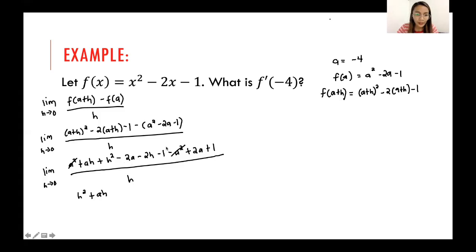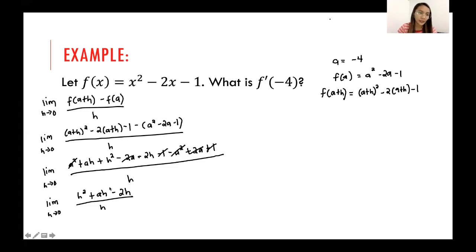Negative 2a, pareho sila. So negative 2a plus 2a is 0. Cancel. Negative 2h, there's no negative 2h, so wala siyang kaparehas. So, just copy negative 2h. Negative 1 plus 1, cancel. That is 0. Over h. So, we have the limit of h squared plus 2ah minus 2h as h approaches 0.